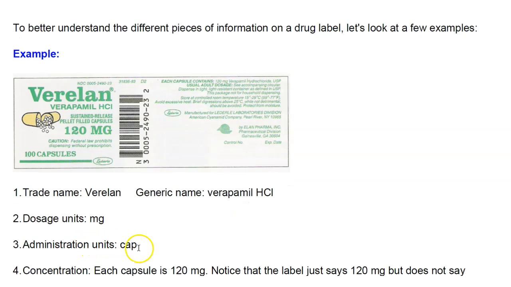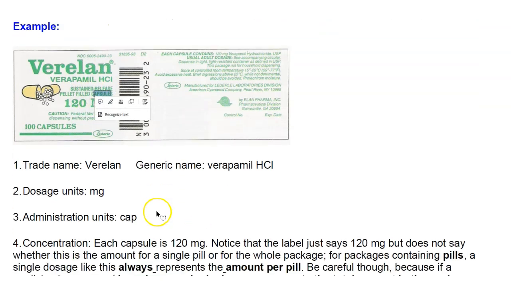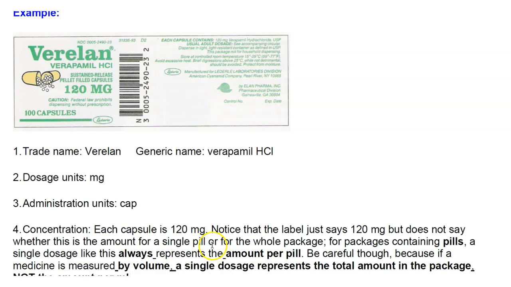And in administration units, it says here that it is a sustained release pellet filled capsule. So it's a capsule. And for concentration, it tells us here that each capsule is 120 milligrams. Make sure to read it carefully, to not assume that there are 120 milligrams in 100 capsules, right? So read them carefully.